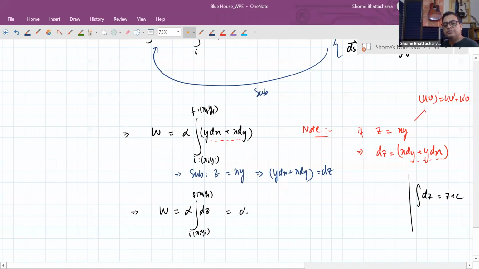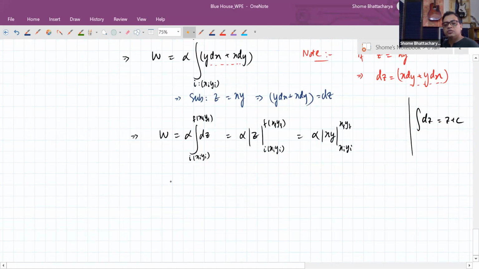So this next becomes, now remember that z was substituted as what? x into y. So resubstitute that, and in this put the limits. So the work done by this force is just given by the very simple relation. So now you can see that this work done is independent of path.